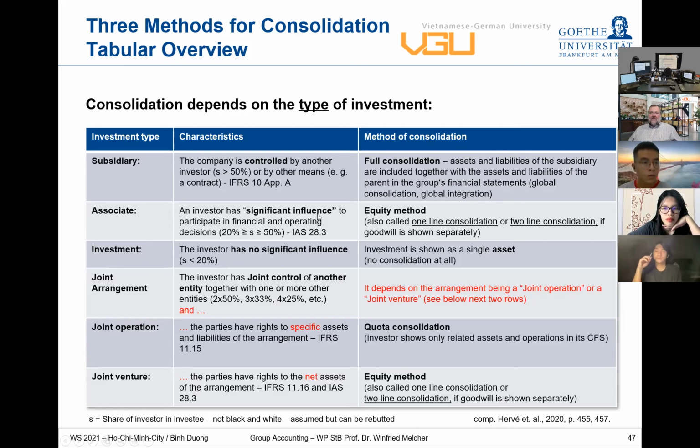Please make the necessary entries in the separate statement of financial position of the parent of Ghana to reflect the acquisition. So we're first going to the separate financial statement of the parent company, and we'll just reflect this acquisition. And then in the next step, we will have to prepare the consolidated financial statements for the group.